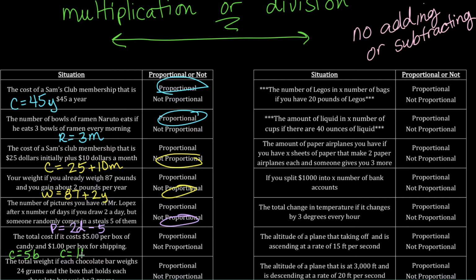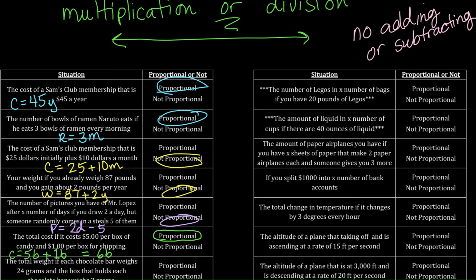So I guess 1 times the box. But in reality, this is just the cost is $6 a box. I'm gonna say that again. It says the cost is $5 a box, but then it's also $1 per box, right? But that's actually just $6 per box, so it's proportional, even though it doesn't seem like it.